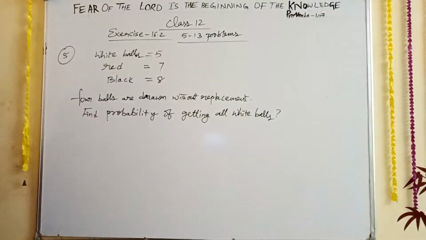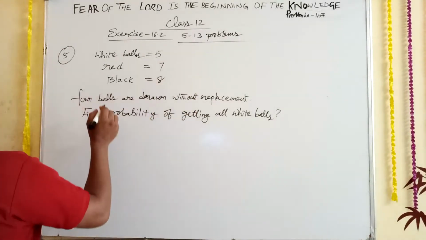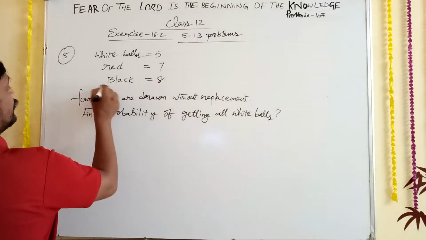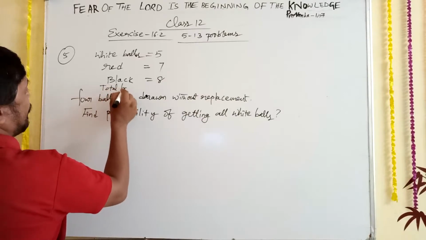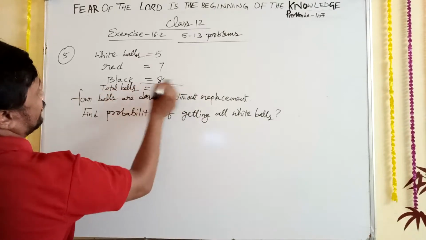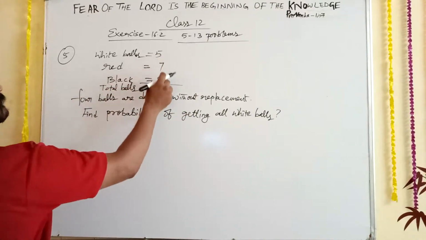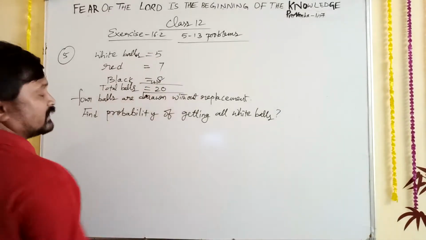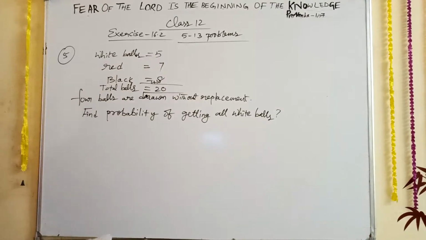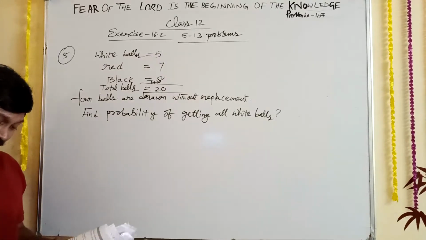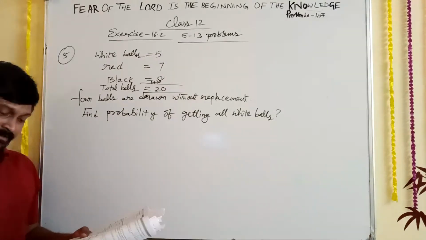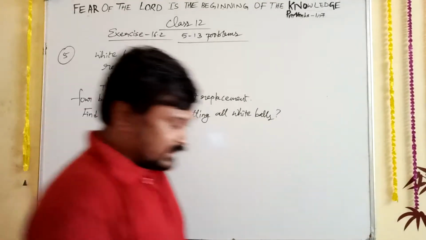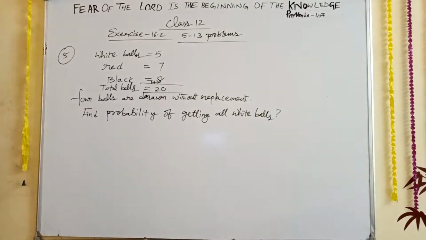First, let me check the total number of balls. Add these all: 7 plus 8 is 15, 15 plus 5 is 20 balls in total. Then we need to check what happens in the first draw, second draw, third draw, and fourth draw, and it becomes very easy for you.